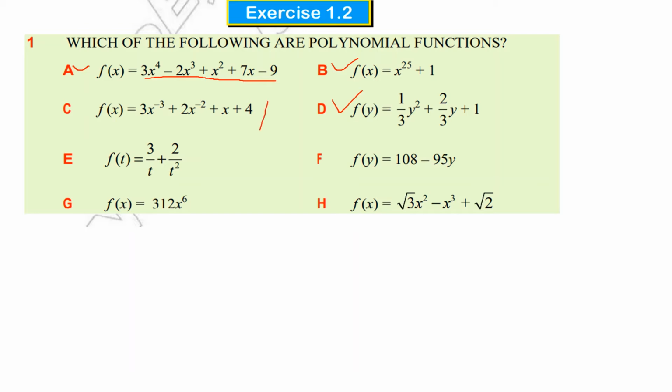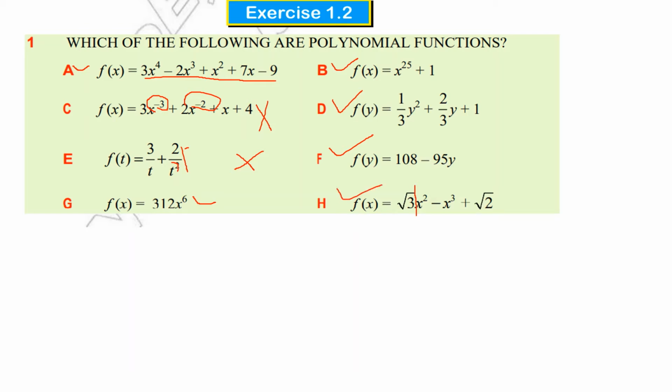This one is not a polynomial function because it has negative exponents here, and this one is a fraction, which is a over b, or you can move this one up and it can be a minus 2 exponent, so this one is also not, but this can be, and this also can be a polynomial function. Here the root is not considering x squared, so this can also be.